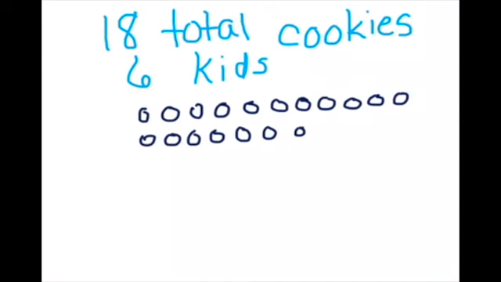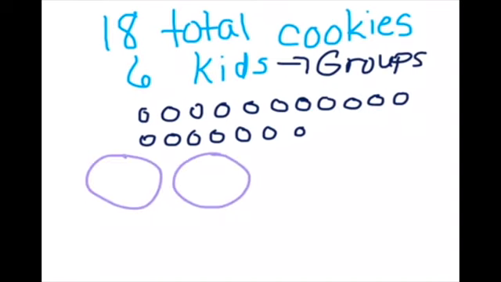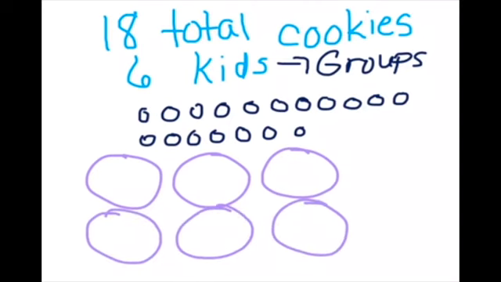And I have 6 kids. So 6 kids, that's kind of a clue to me that I'm going to make 6 groups. All right? So these kids are pretty much my groups, or these groups are my kids, that I'm talking about in the problem. So I have 6 kids. There they go. They're my groups. And then I have 18 cookies.